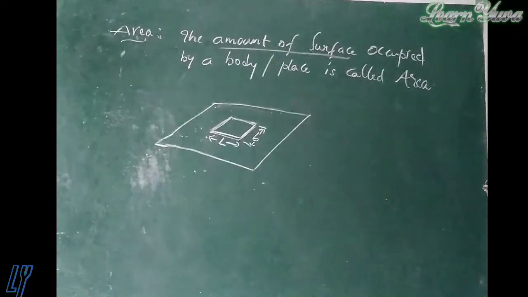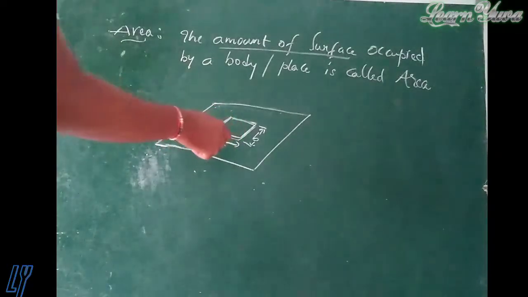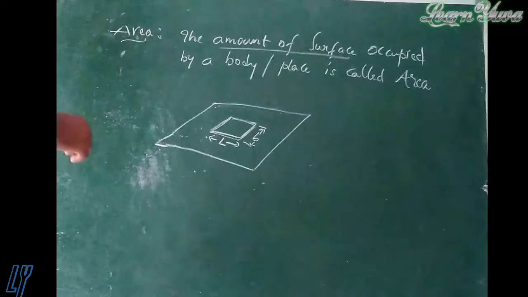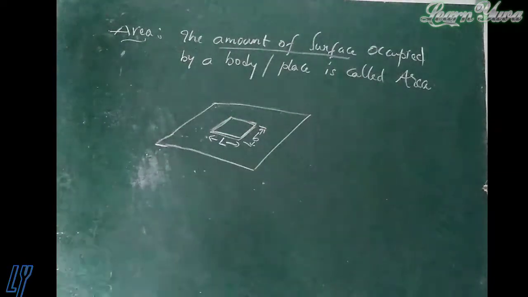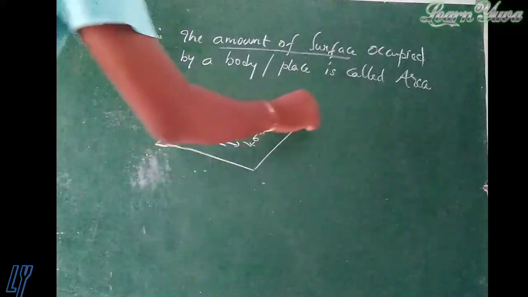So coming to area examples: area of a square, area of a rectangle, area of a triangle, area of a circle, right? Area of rectangle.